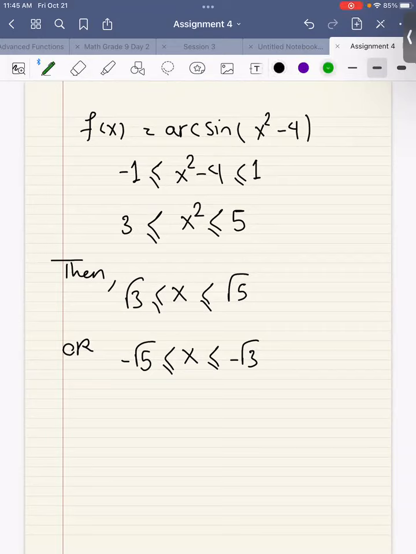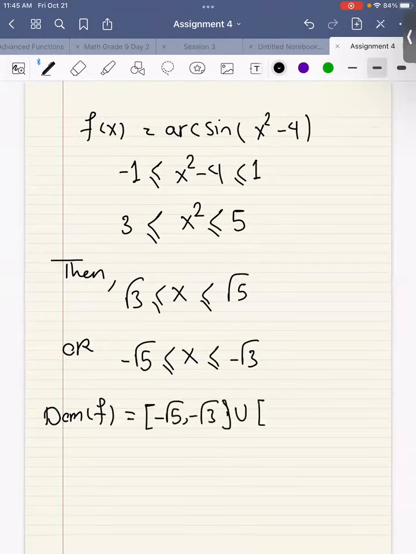So that is also a solution. Therefore the domain of f is the closed interval -√5 to -√3 union with √3 to √5.